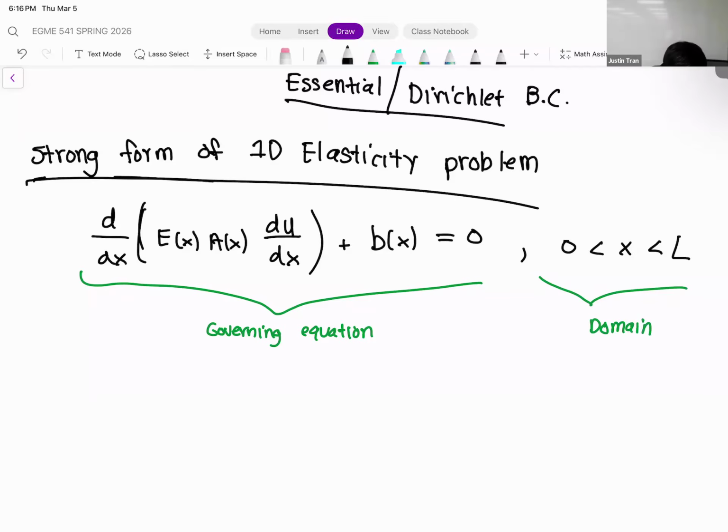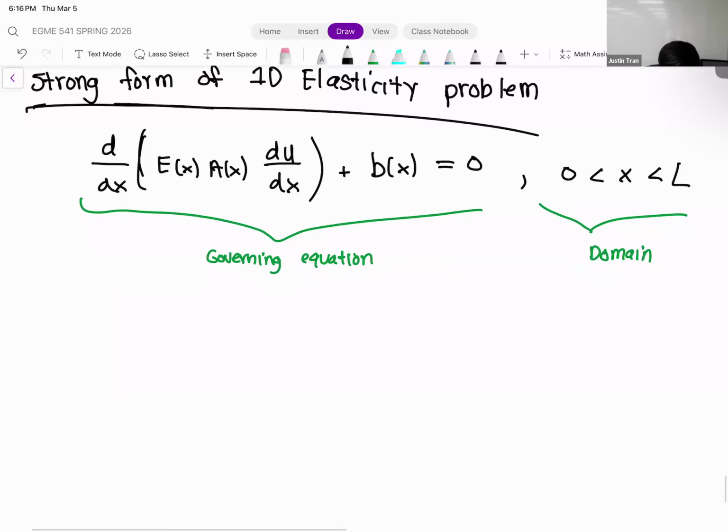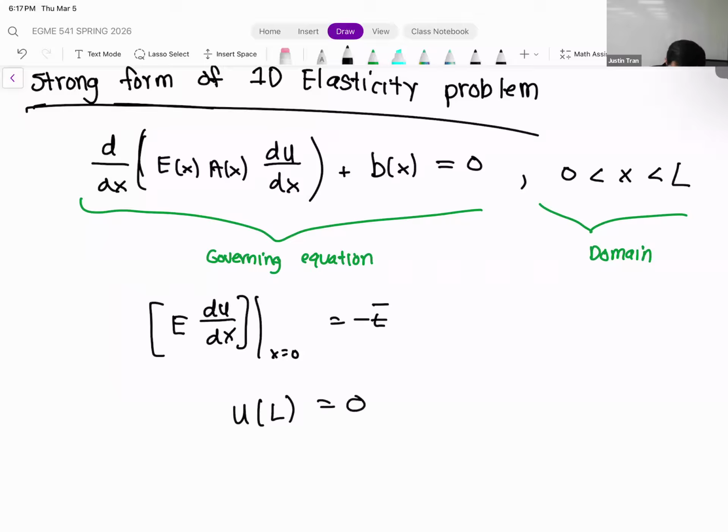And then we have our boundary conditions: E du/dx evaluated at x equal to 0 is equal to T-bar, and then u of L is equal to 0. These two right here are our boundary conditions.